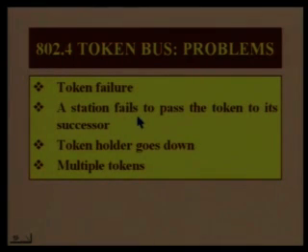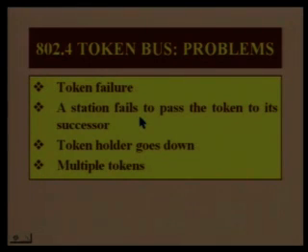Now you have to deal with many different types of problems, like token failure. What will happen if the token has failed? What will you do now? There is no such problem with CSMA/CD. Or a station fails to pass the token: not only has the token failed, not circulating in the ring, but it might also happen that the station holding the token fails, the node is not able to work.